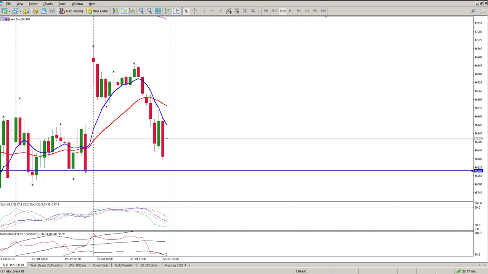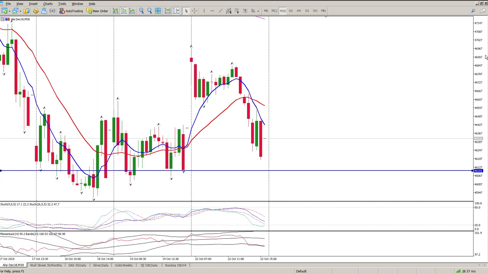S&P futures is down 0.7%, Nasdaq futures down 0.8%, and good old Tencent is flat at the moment. And the DAX futures is also down 0.9%, almost 1%. So I suspect we're going to get more downside today.